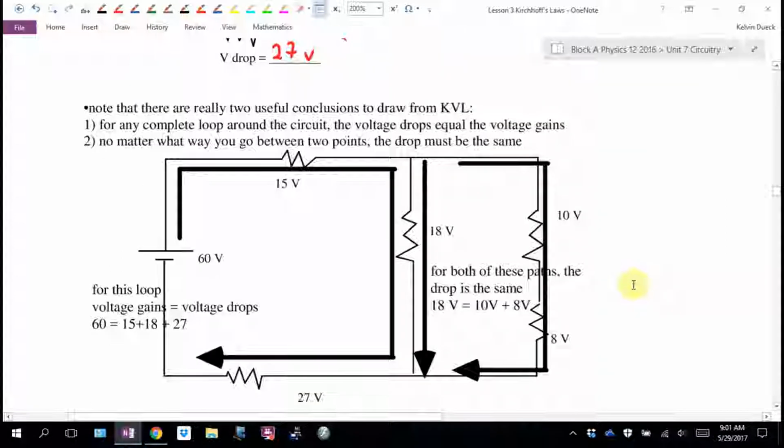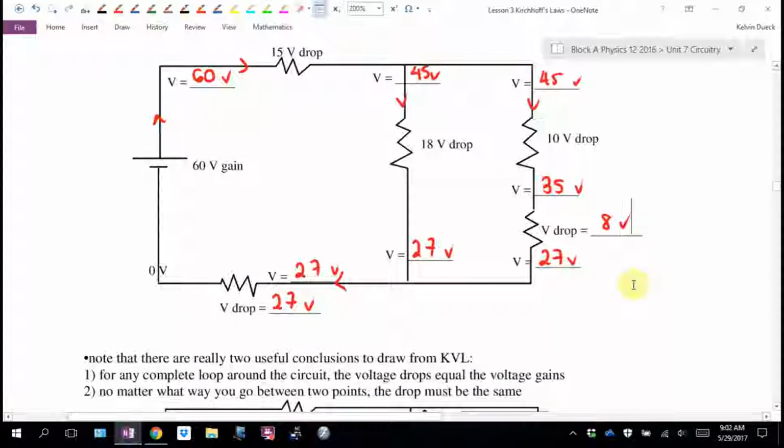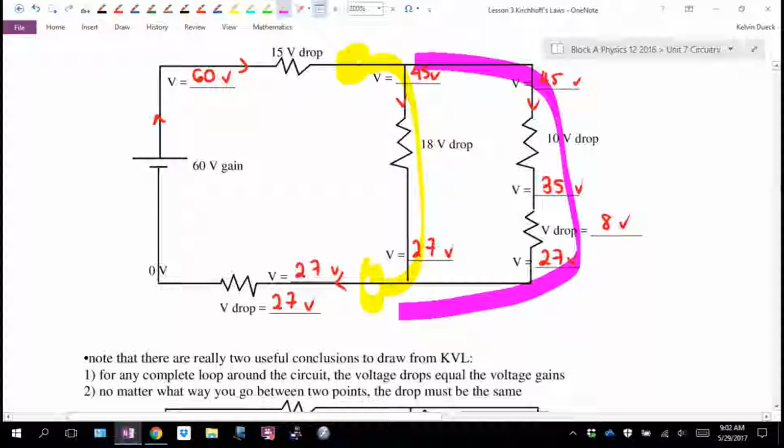There are two useful conclusions to draw from Kirchhoff's voltage law. Number one, for any complete loop around the circuit, the voltage drop equals the voltage gains. But also, number two, no matter which way you go between two locations, the drop must be the same. In other words, if from here to here, going this way, I lost 18 volts, I had to have lost a total of 18 volts going that way.